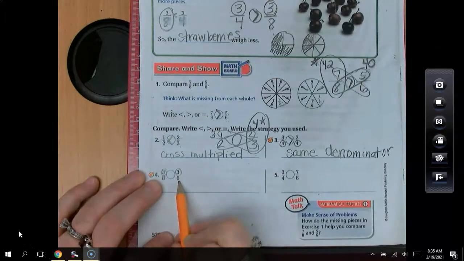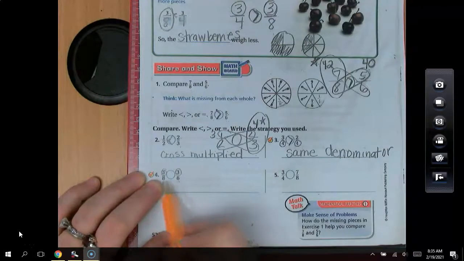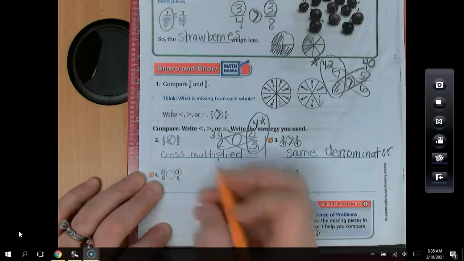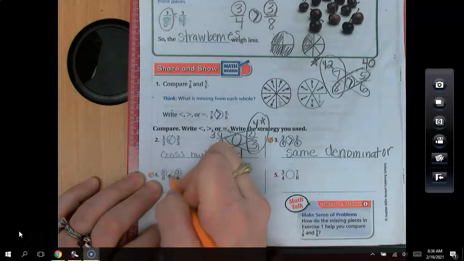I'm thinking opposite. So if I'm thinking opposite, boys and girls, which one is actually bigger, the 8 or the 6, if I'm thinking opposite? Yeah, I would say the 6 is bigger than the 8, okay? So my greater sign would go towards 3/6.